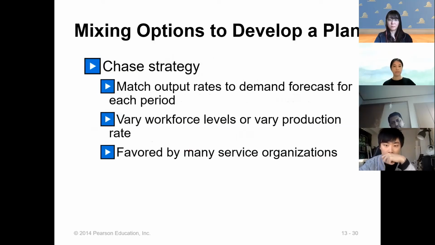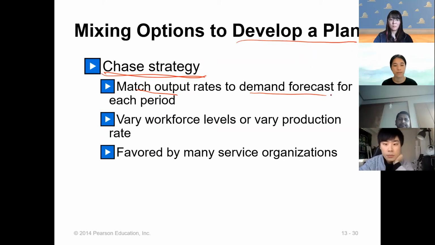Now, the first strategy that you can use when you want to develop the aggregate plan is called the chase strategy. This strategy requires a decision to match output to demand forecast for every period.